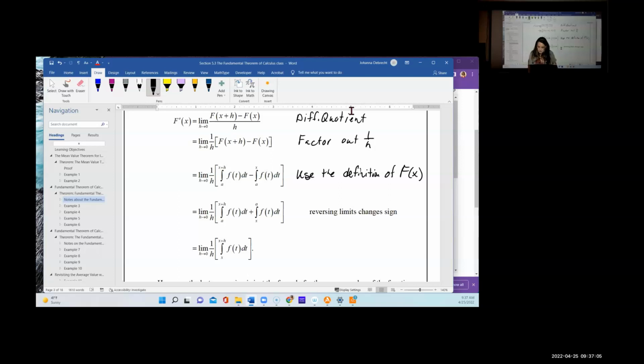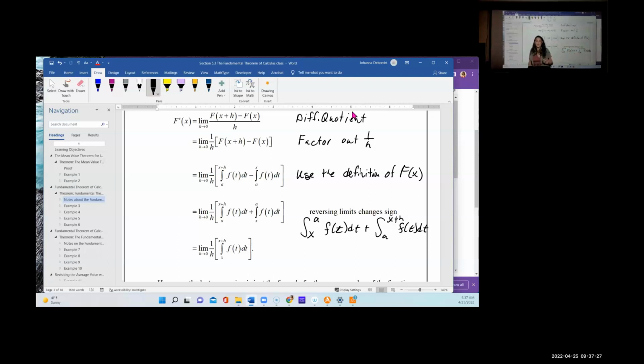So in a sense, if I were to rewrite the order of these two, I have the integral from x to a of f of t dt plus the integral from a to x plus h of f of t dt. In other words, the upper limit of this one matches the lower limit of that one.